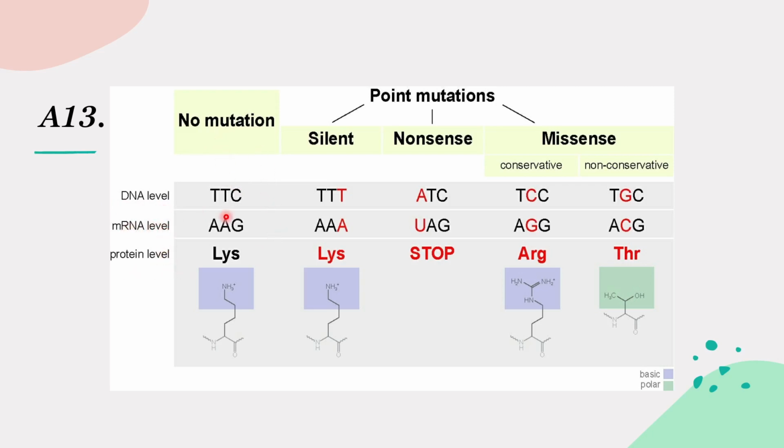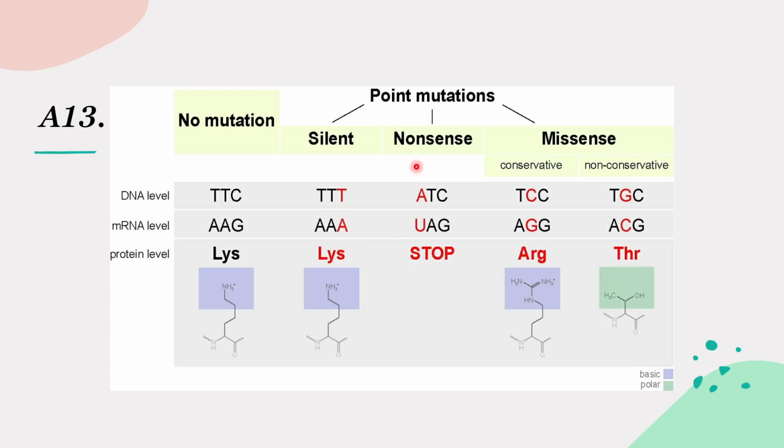If this TTC is the DNA sequence, it is transcribed to AAG at the mRNA level, and that leads to the amino acid lysine. In case of silent mutation, what happens? As I have already explained, if the third base of the genetic code changes, this T changes to A, it won't affect the whole triplet codon, and it will be the same amino acid, that is lysine.